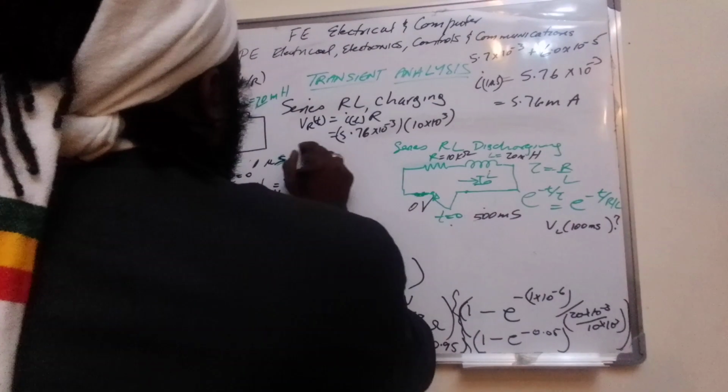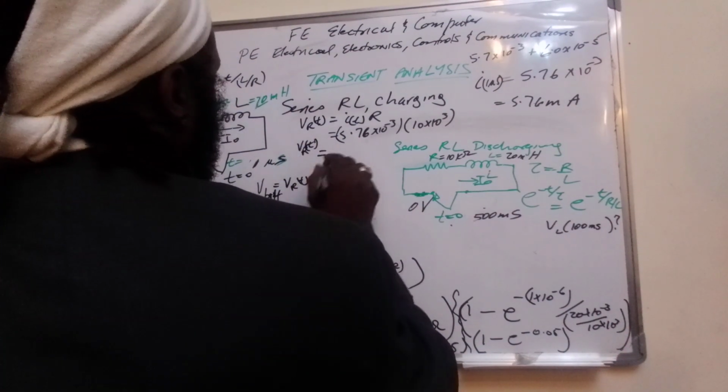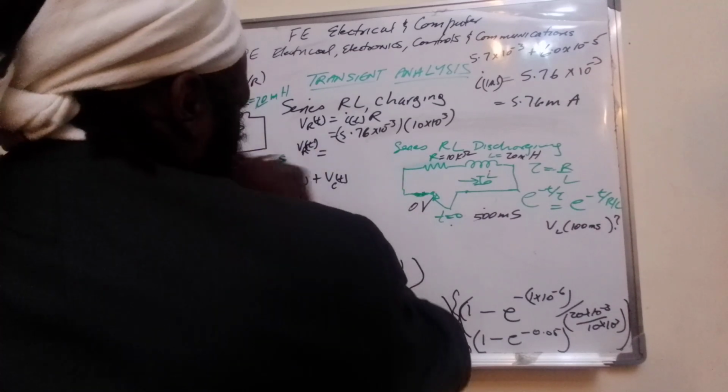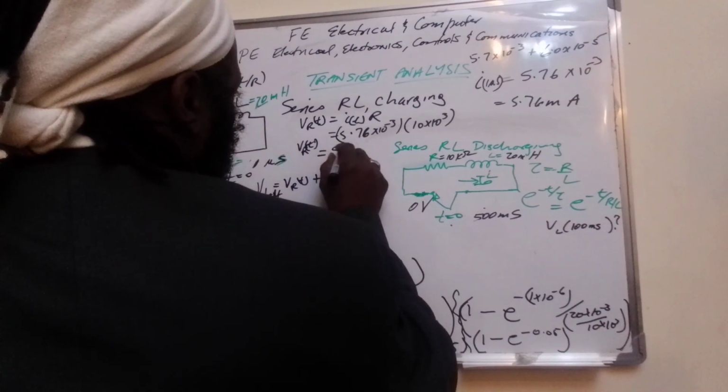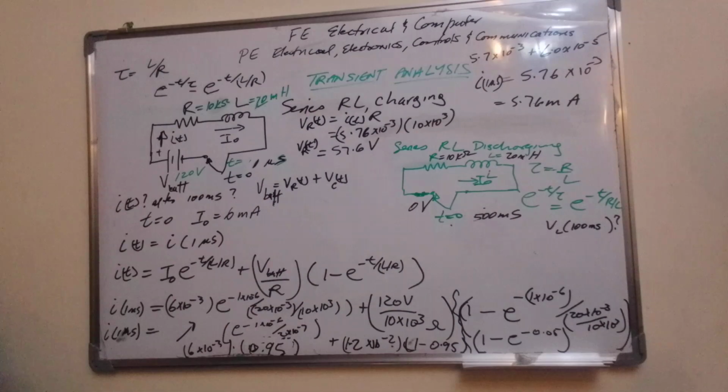Right, so that voltage V sub R after that time becomes 57.6 volts. So after 1 microsecond, 57.6 volts will be across the resistor. Right?